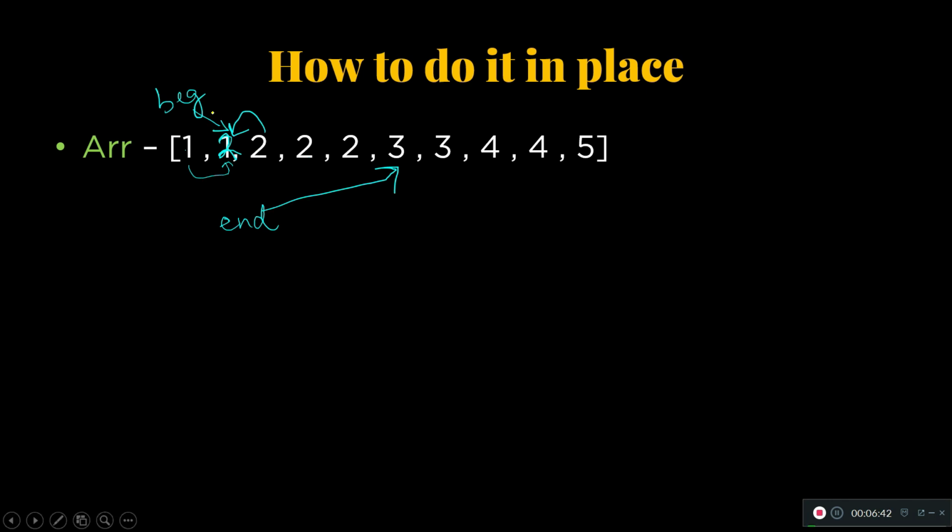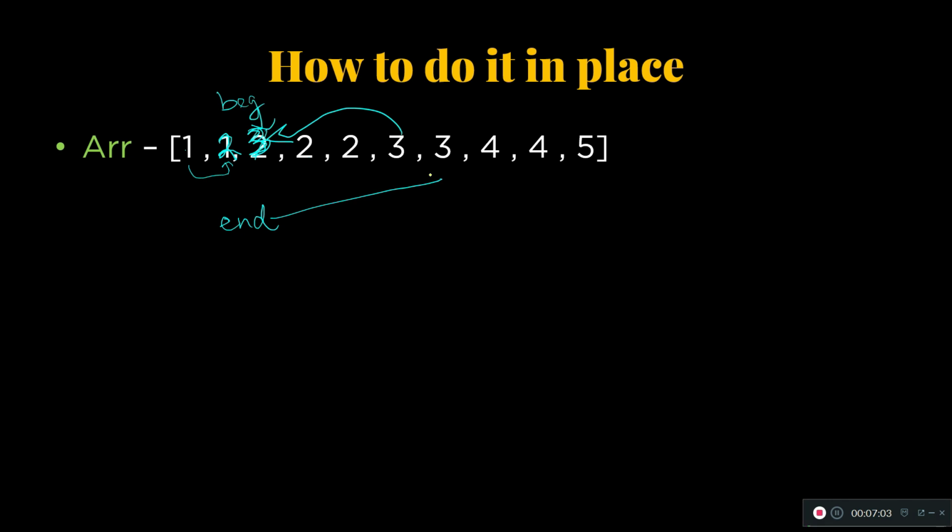Okay, so what we do is we will move the beginning to here, copy this element to here. This becomes 3 now, and then carry on moving the end pointer to here. So now beginning is here and end is at this position.